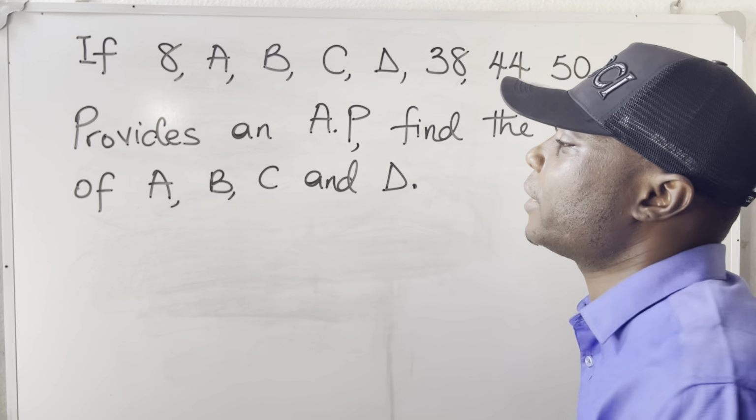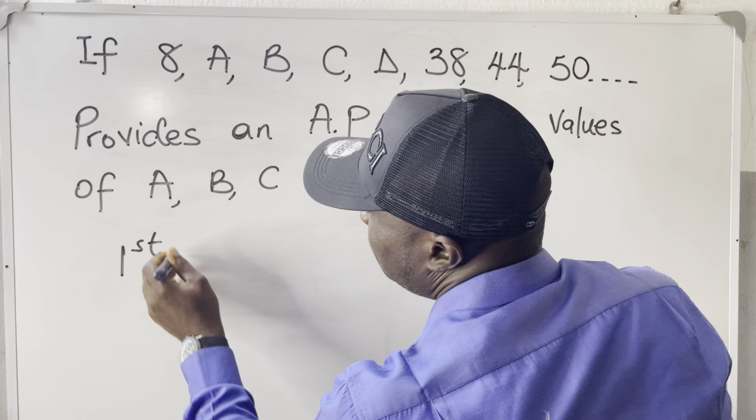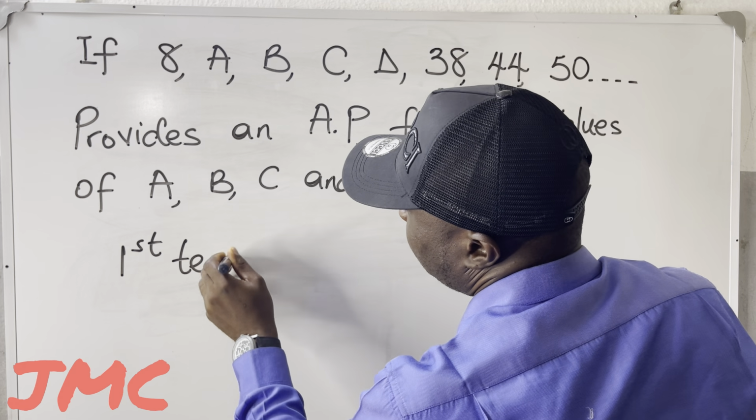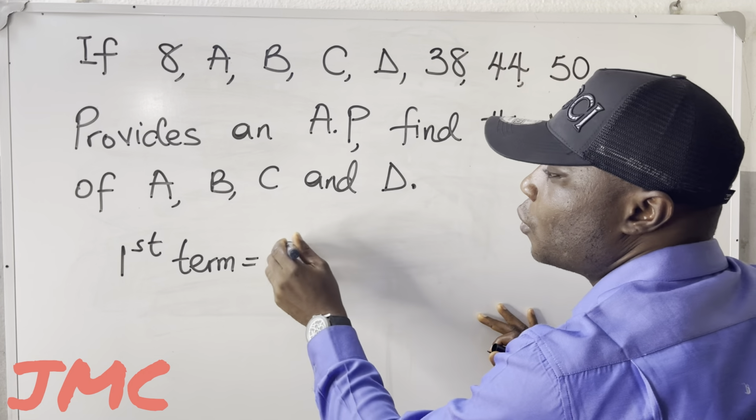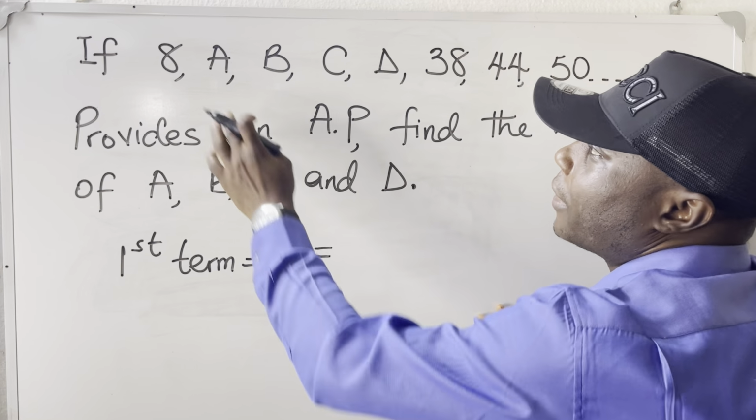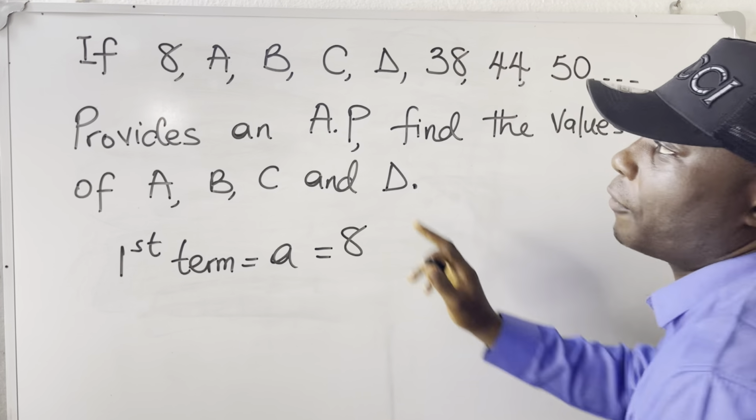So for us to get that, we write down the first term. The first term is equal to a, and that a is the number 8 from the sequence.